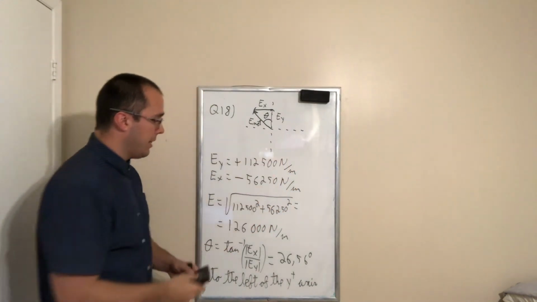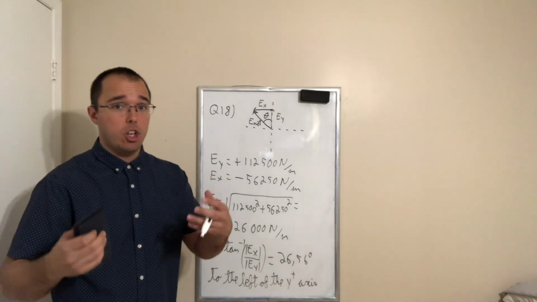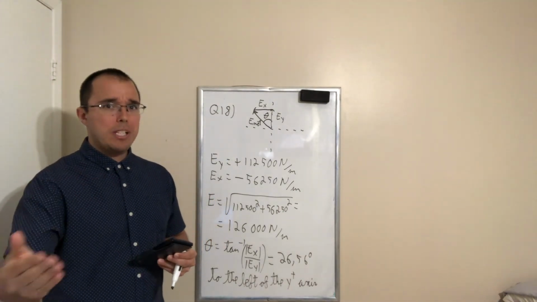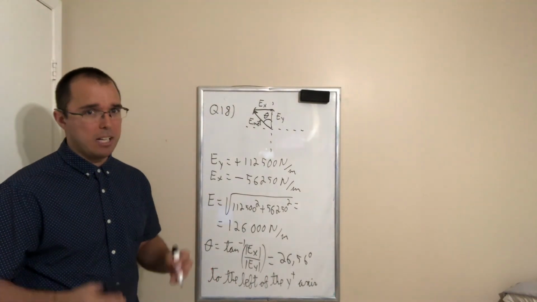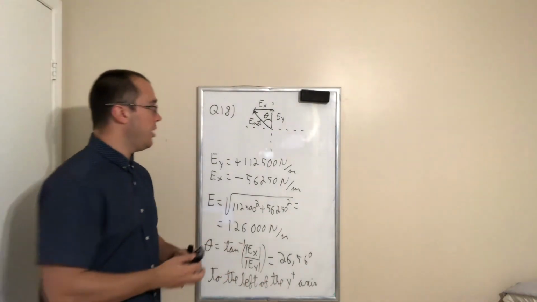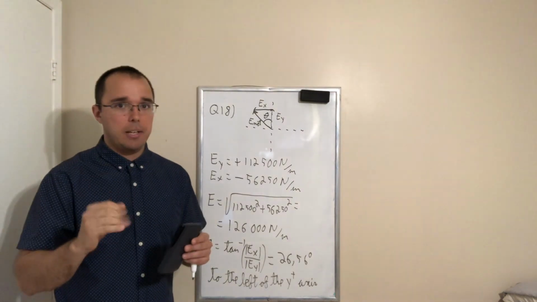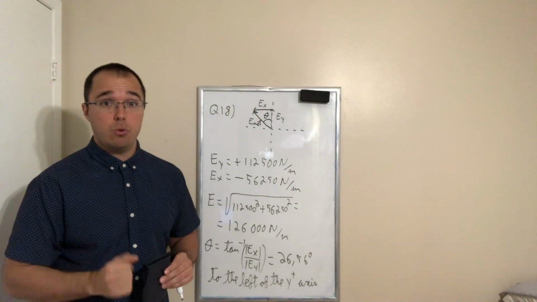So basically, you add 90 to this, you will get 116.56 degrees. That still works. It is your choice, but you have to make it clear with respect to which axis you have taken this angle, because it makes a big difference. By writing it that way, there's no confusion. I know that you're talking about this angle over here, so I can recreate perfectly the vector. All right, so we are done for question 18. Let's move on to some more examples.